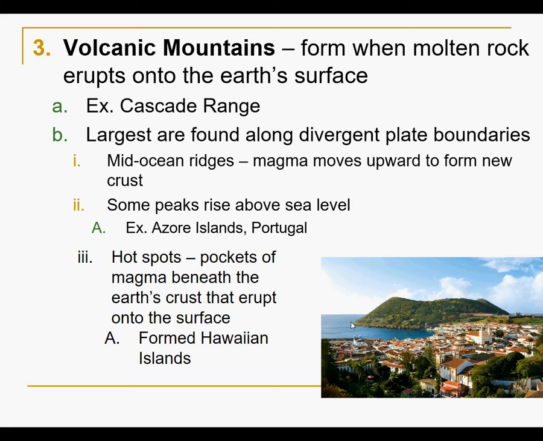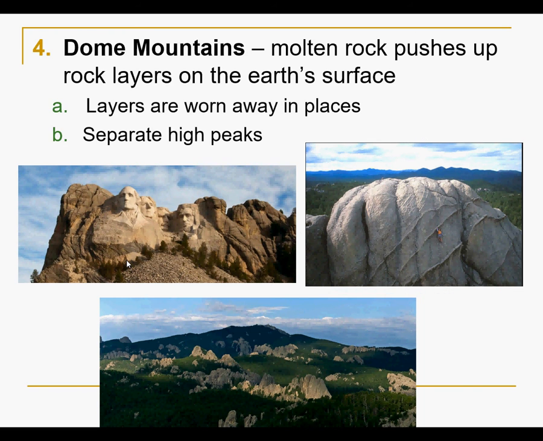The Hawaiian Islands are these little blips of lava and magma that come to the surface, and then the crust is slowly moving underneath it, and so it's kind of like acid reflux, right? So you have a little pocket of acid reflux, forms a mountain. The crust then moves over hundreds of thousands, millions of years, another blip of a hot spot, and so it just pops up, pops up, pops up.